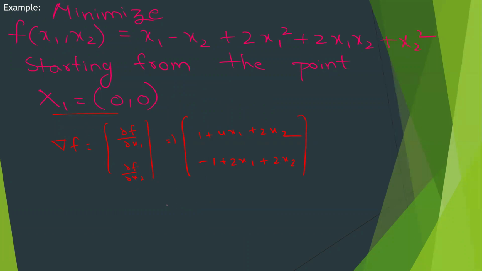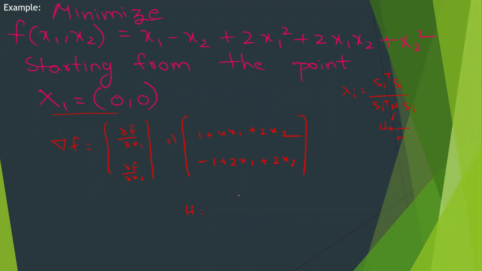Next, we need to find the Hessian matrix. Why? Because we know the formula for lambda i, which is equal to Si transpose Si divided by Si transpose H into Si. Here H is nothing but the Hessian matrix. So we need to find that to get the lambda value.